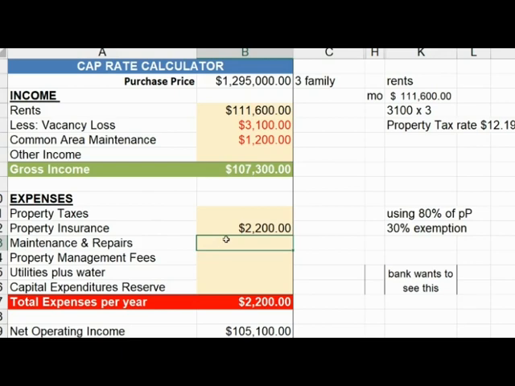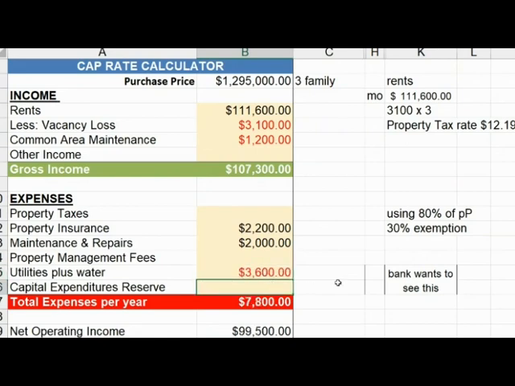Maintenance: always know that when you get a phone call, it's going to cost you $300 to $500 if it is a leaky faucet. So we're talking, say, a couple of times a year. You need to have $2,000 ready to roll for just a plumber, an electrician, whatever. Property management fees, you're going to manage it yourself. Water can be up to $100 a unit, so that's $3,600 a year.